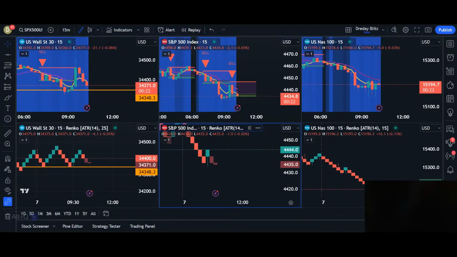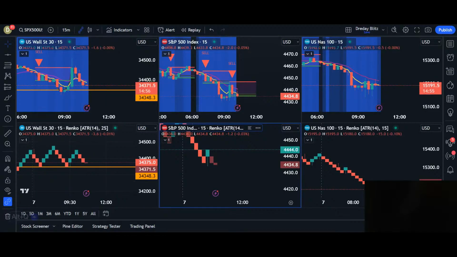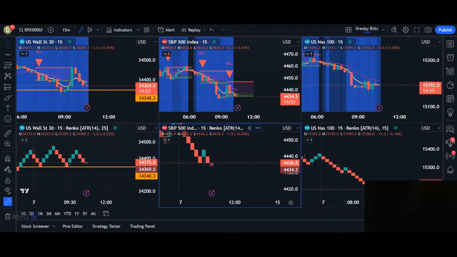As you could see, this week on Tuesday we took one trade. Yesterday we took 3 trades, and today we're in 2 trades. So that's 6 trades overall in 3 days. It's not the amount of trades that you take, it's the quality of the setups that you take that give you a profit.